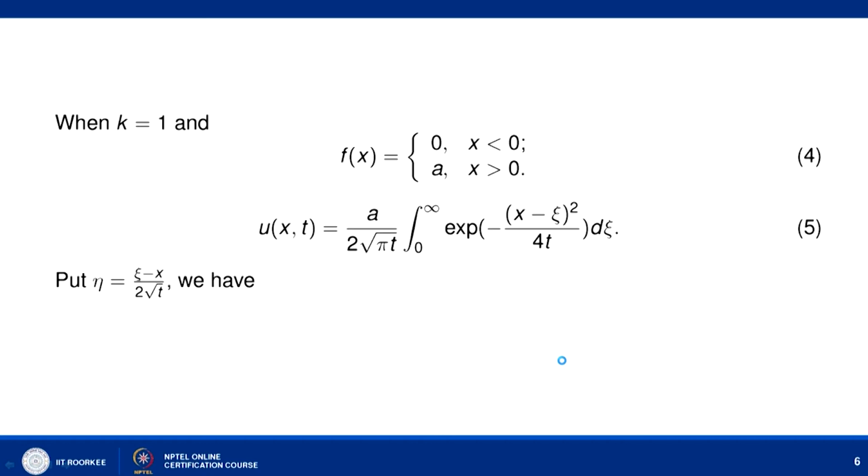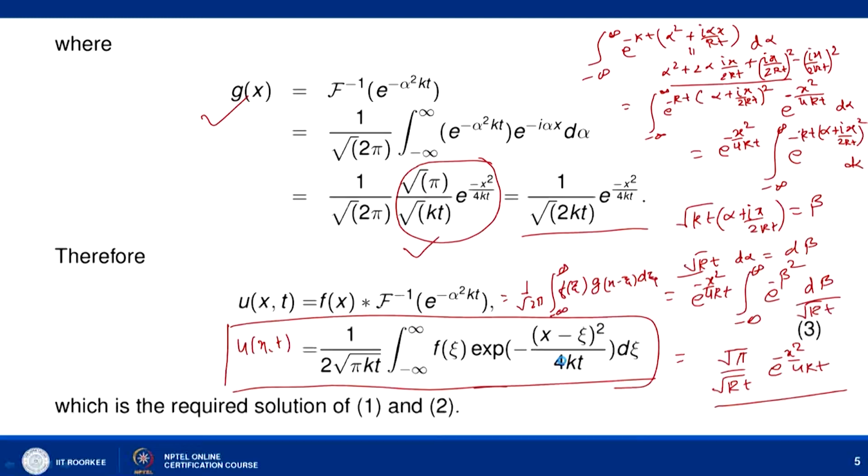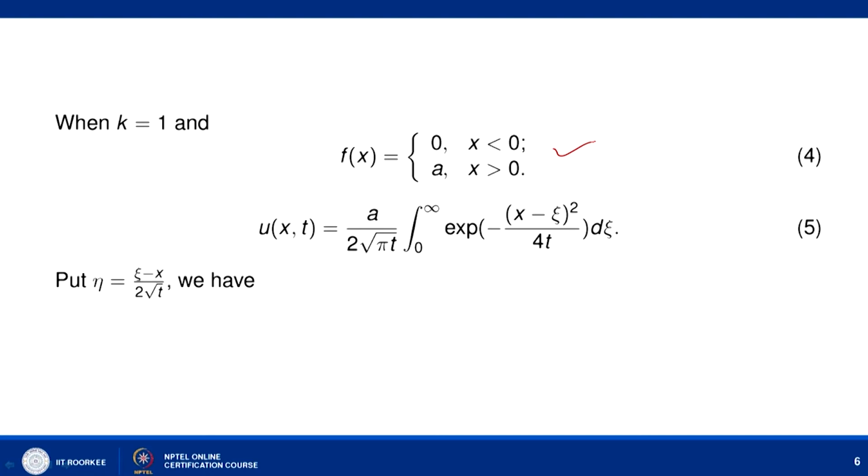Now, let us consider a particular example in which the initial temperature is given by f of x equal to 0 when x is less than 0, and a constant value a when x is greater than 0, and here we are assuming for simplicity that k is equal to 1. Then our simplified solution is given by u of x, t as a upon 2 root pi t integral from 0 to infinity exponential of minus x minus xi whole square upon 4 t d xi.